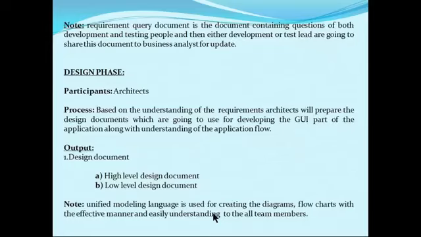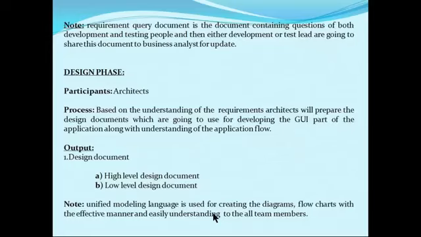Next, design phase. The one participating here is the architect. What is happening in the design phase means, based on the understanding of the requirements, the architect will prepare design documents which are going to be used for developing the GUI, graphical user interface parts of the application, along with understanding of application flow.